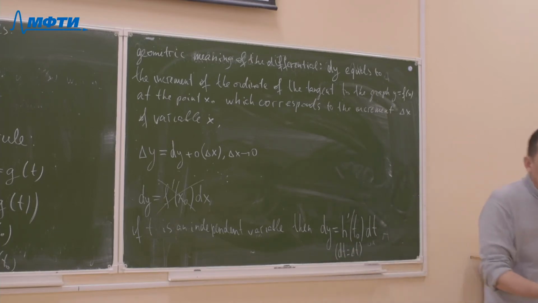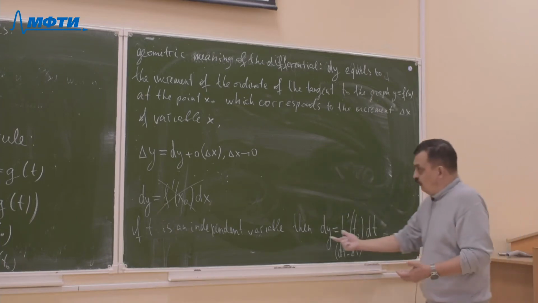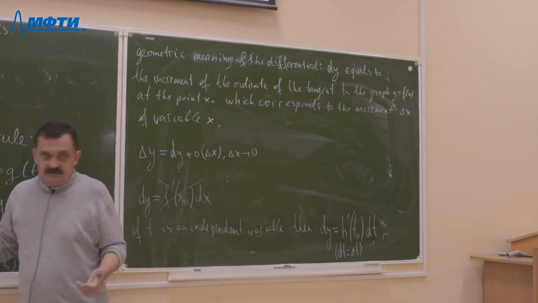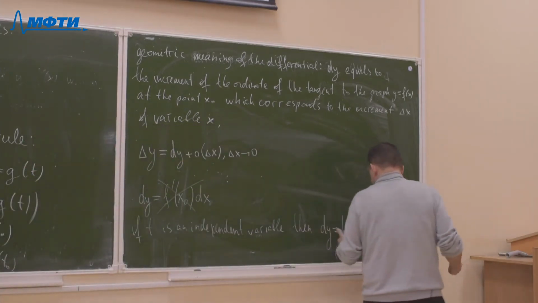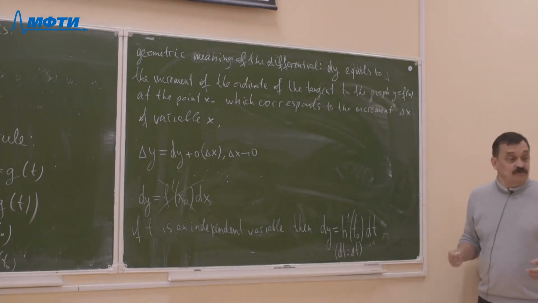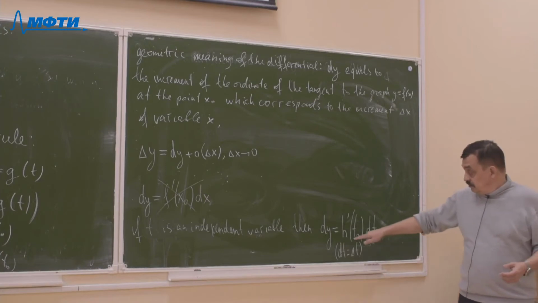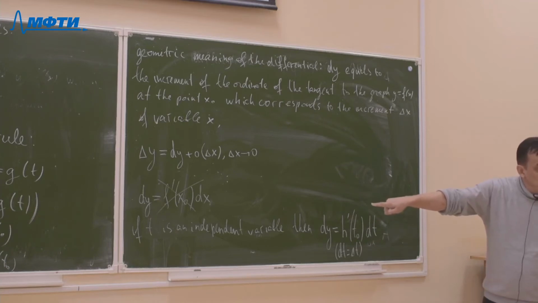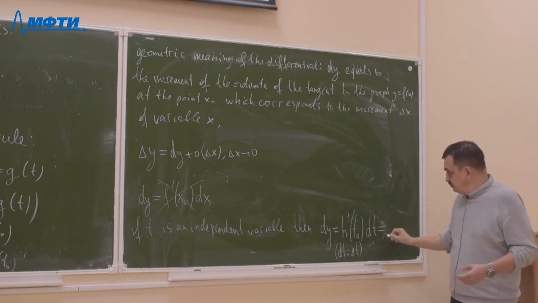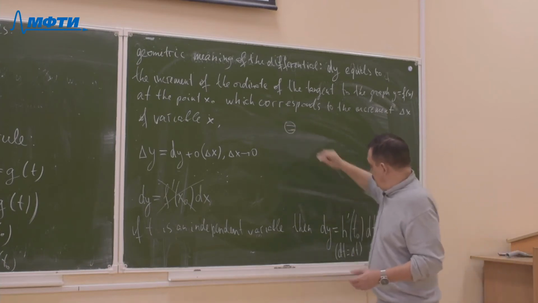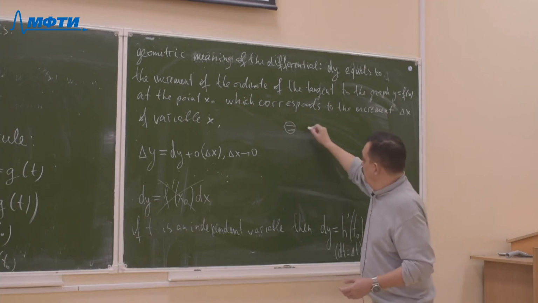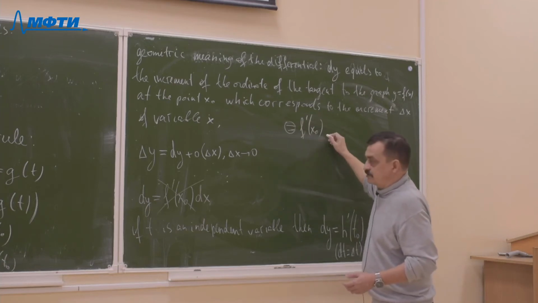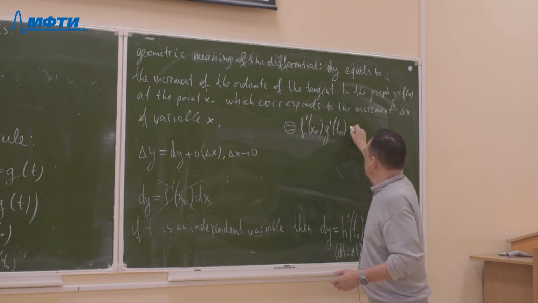We take an increment of the independent variable t, and y is a function of t, and the differential can be found by this formula. Now, look, h prime at t naught. We have a formula according to the chain rule. So let's continue. What it gives is f prime at x naught times g prime at t naught times dt, right?